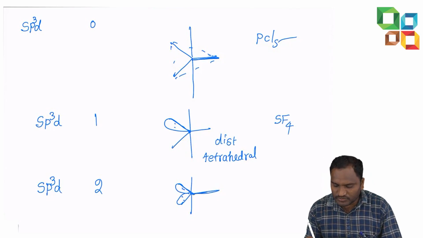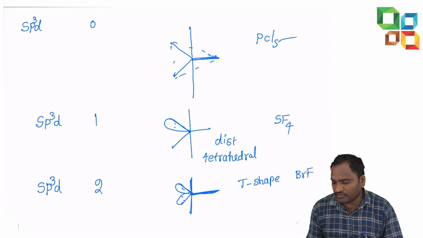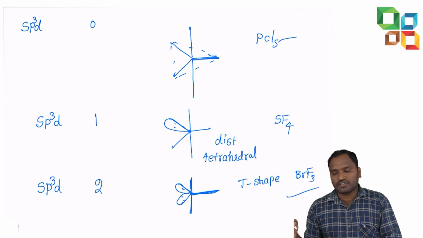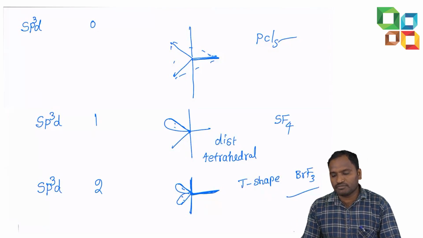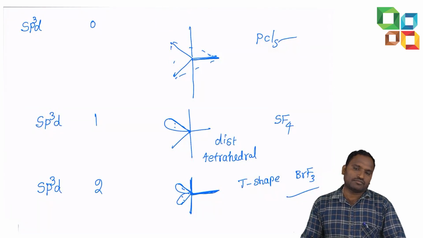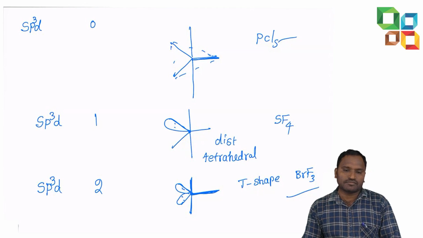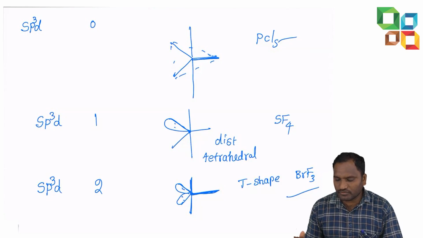You can observe it looks like the English letter T. Example for this is BrF3. sp3d, two lone pairs, BrF3. So in axial position, don't keep lone pair of electrons.